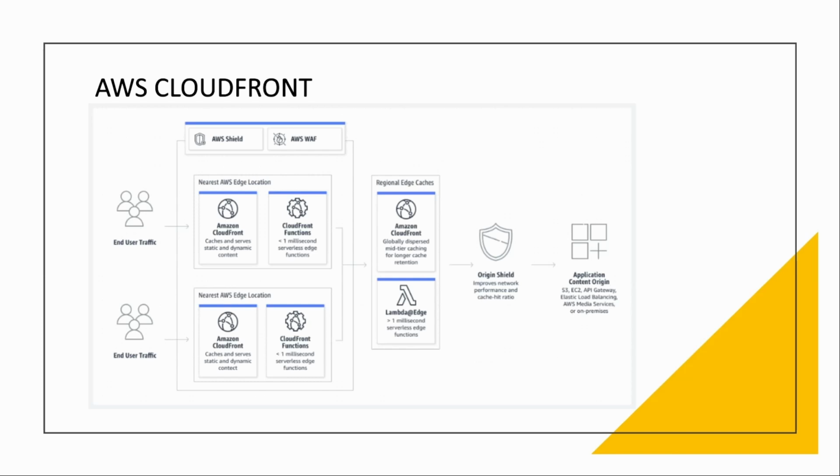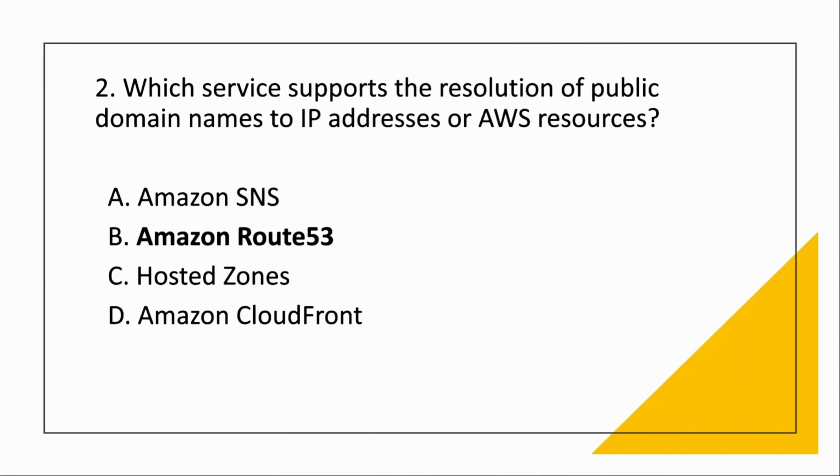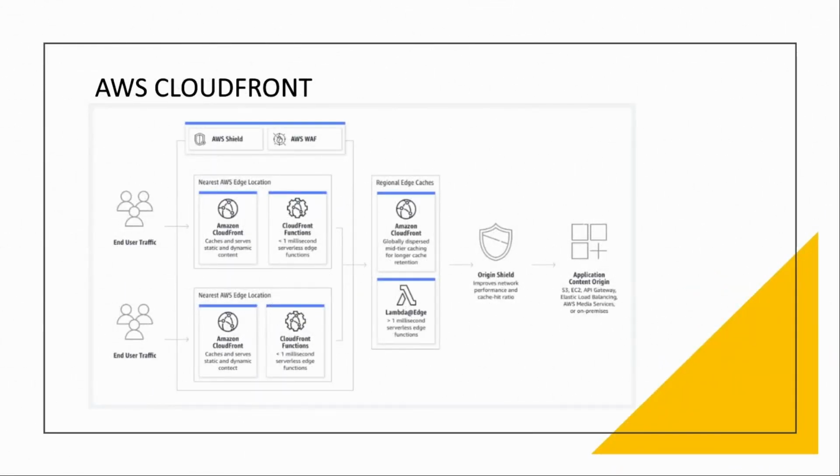So how does that happen? That happens because there is a nearest edge location. Okay, that is in the form of AWS CloudFront.